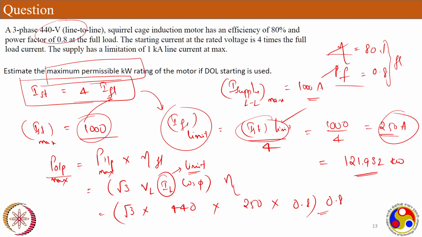So that's not a very good sign, because you can't go for higher rating motors. That's a simple question we are solving here. So for DOL starting, the maximum permissible kilowatt rating of your motor, the output power max, is 121 kilowatts.